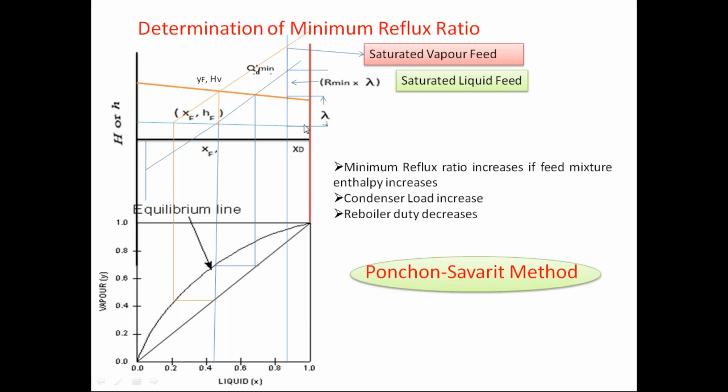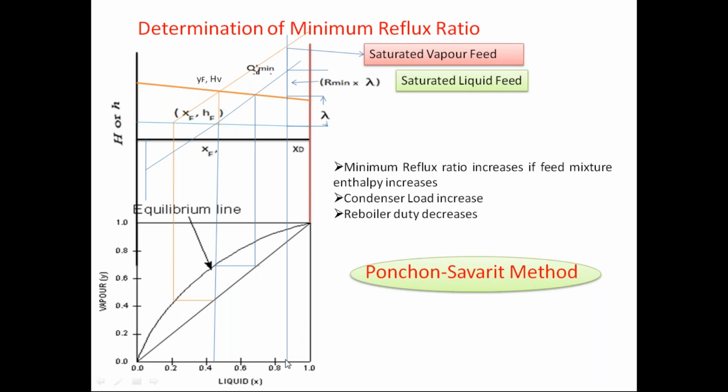When the more volatile component is more, lambda decreases. When the more volatile component is less, lambda increases. So for a dilute mixture, a high lambda value will be there. For concentrated mixtures, a low lambda value is there.